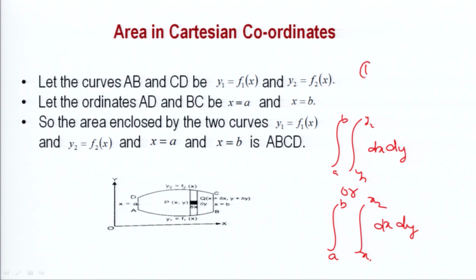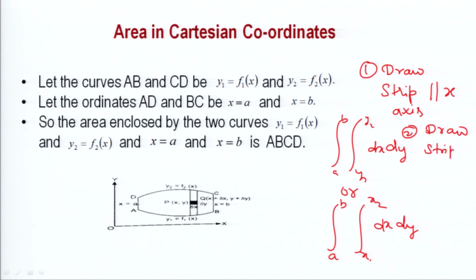First method is draw a strip parallel to x axis, and second is draw a strip parallel to y axis. So, firstly we draw the strip parallel to the y axis.